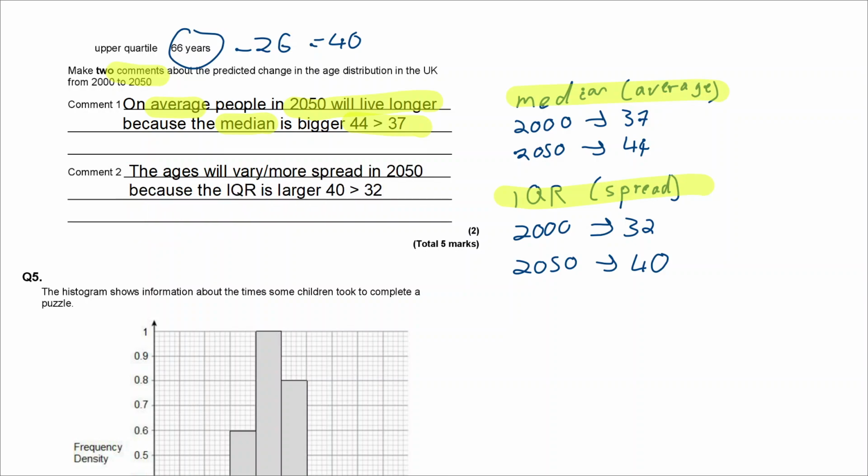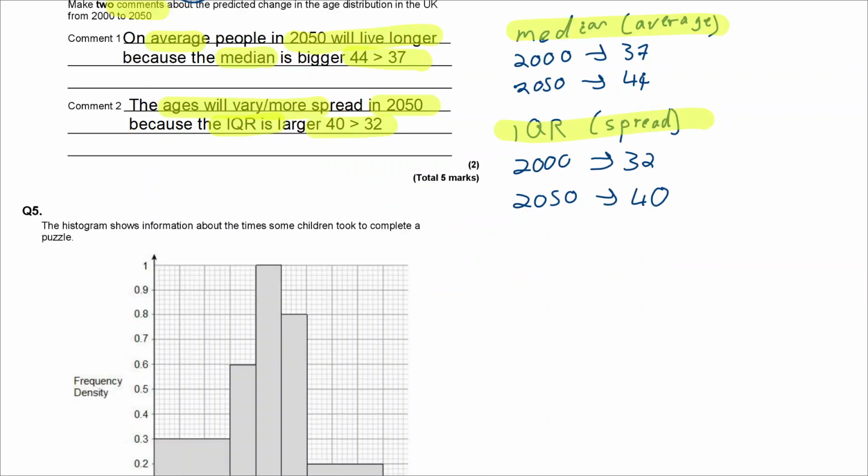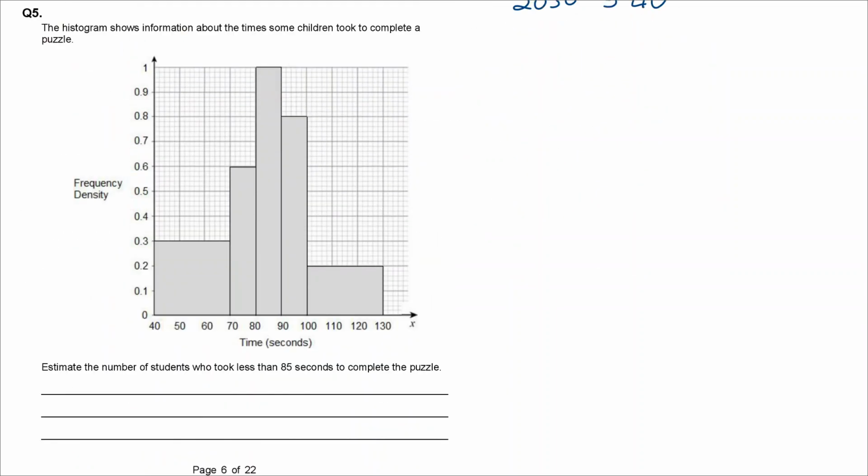And that is a great answer, guys. So the ages will vary more, spread more, in 2050 because the interquartile range is bigger. That is a textbook answer, guys. Yeah. Good. Question 5. Let's have a look.